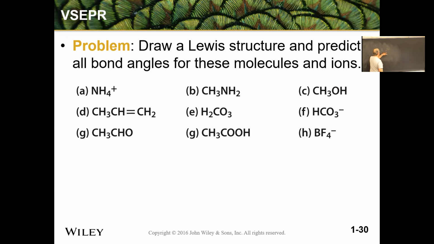This carbon, though, would be trigonal planar. And the electron pairs around oxygen would also be trigonal planar. We've got 2 lone pairs, and then we've got this electron-rich group.